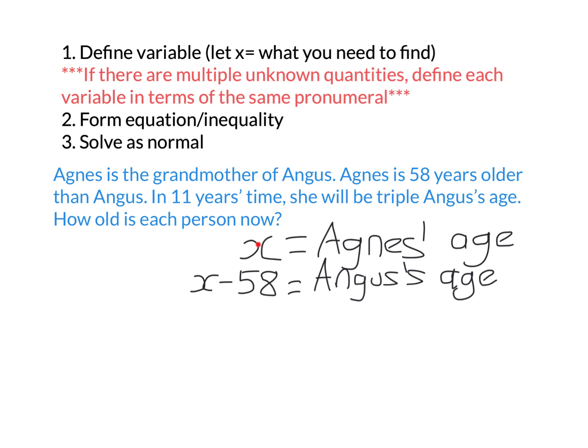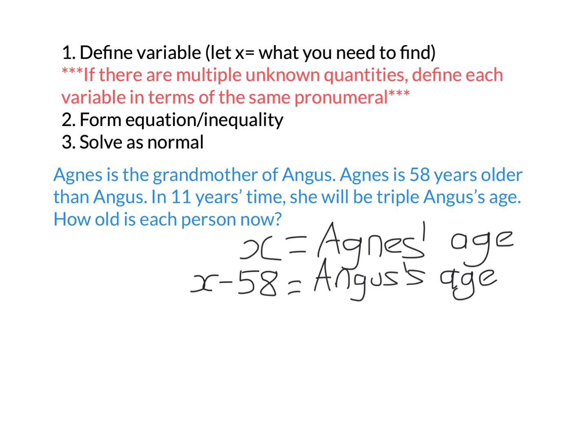So notice we've used the same pronumeral, same letter, for each of the unknown quantities. It's important we do that. Can't let x be Agnes and y be Angus because we don't know how to solve equations that have two pronumerals. So now we're going to rewrite this worded information in a mathematical equation.